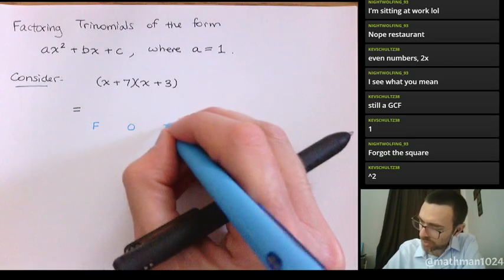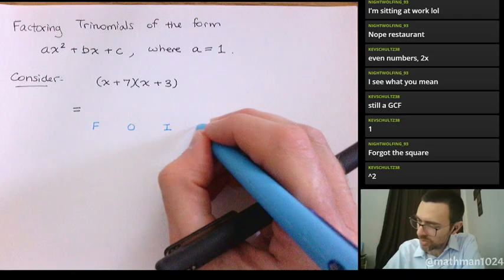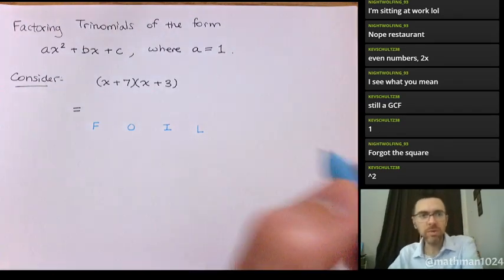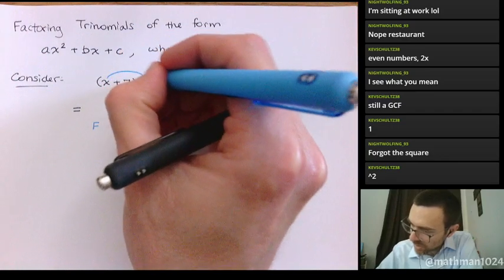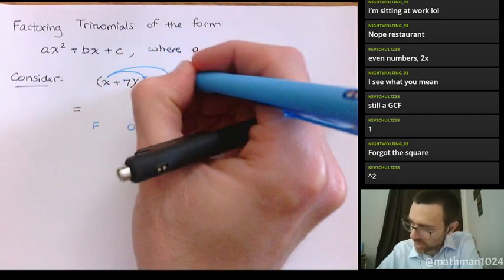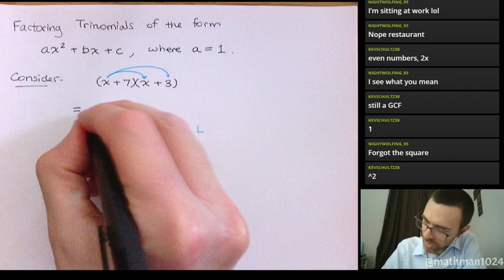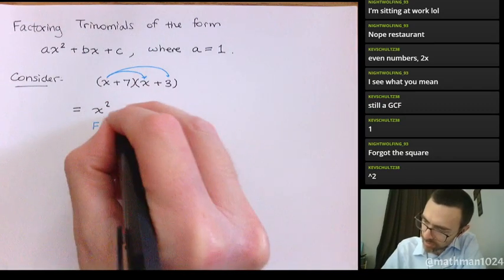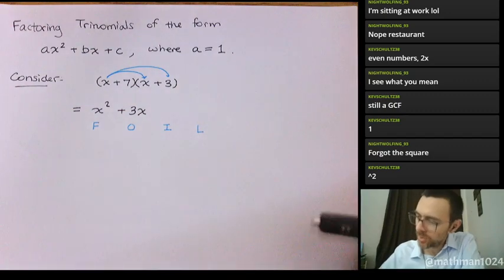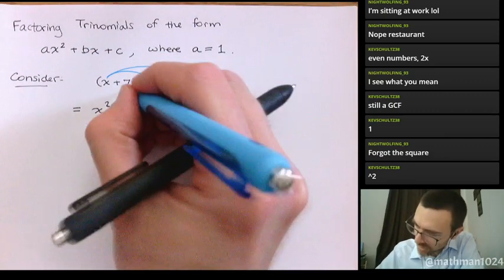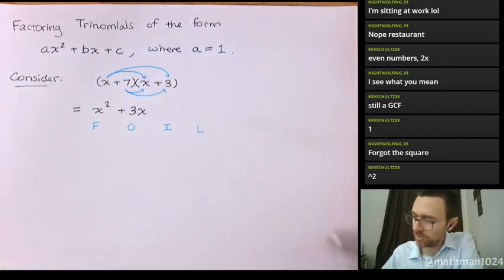You multiply your first terms, your outside terms, your inside terms, and your last terms. Basically, we were distributing. We take the x and distribute that out, and we end up with x squared plus 3x.